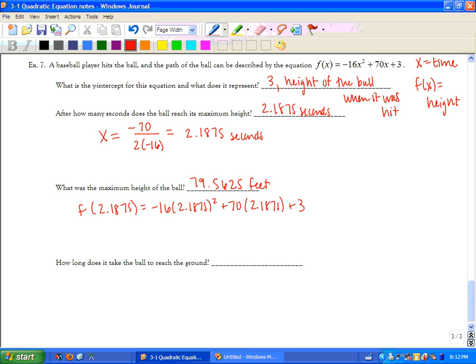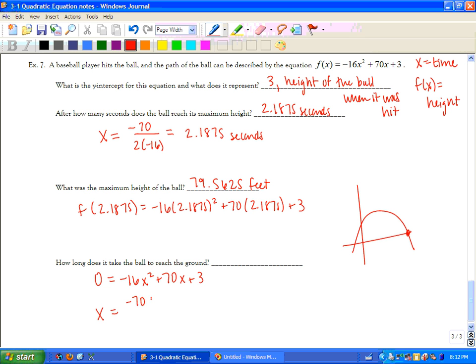And then the last question is, how long does it take the ball to reach the ground? So if you graph this, we are looking for this value over here, so that would be when it equals 0. So when 0 equals negative 16x squared plus 70x plus 3. So you can use your quadratic formula to solve for this. I do not believe this equation factors.